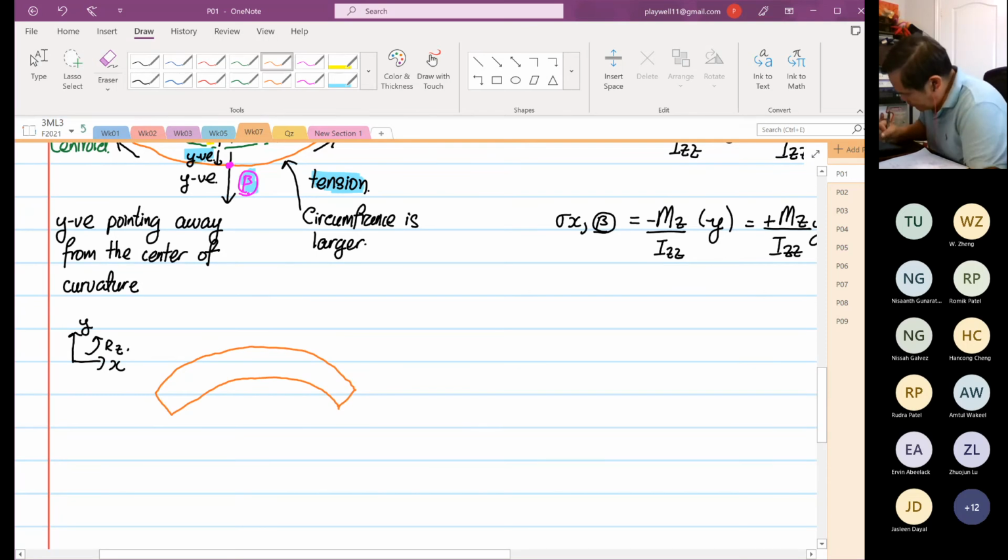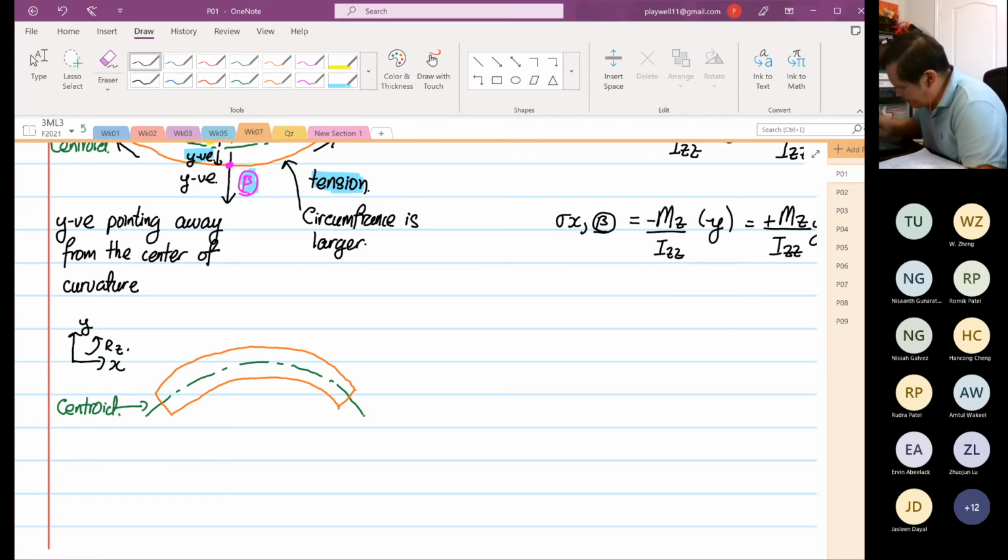Again, we have our neutral axis, or centroid, sorry. Focus on the word centroid, not neutral axis. So this is our centroid. And again, the points alpha and beta did not change. Alpha is still over here, beta is here.